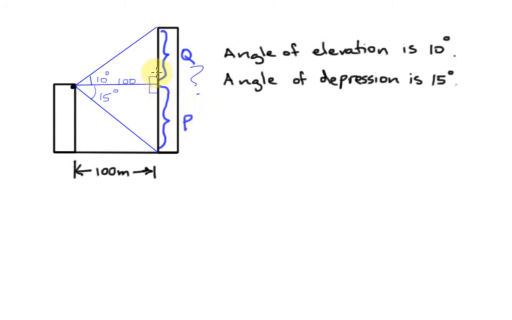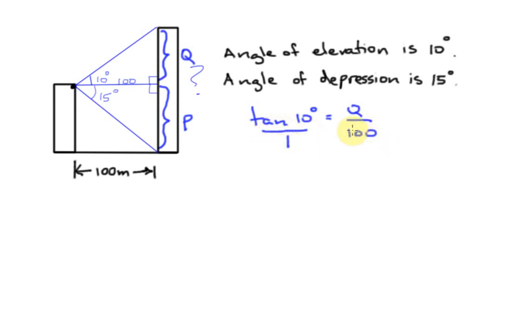So let's do that. So the top one here, and I'm just going to cut to the chase. Q is opposite 10 degrees, and the 100 meters here is adjacent. So I'm going to use tangent. So tangent of 10 degrees is equal to Q divided by the adjacent side of 100.